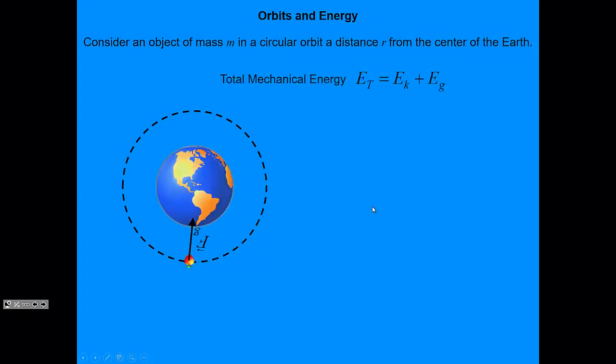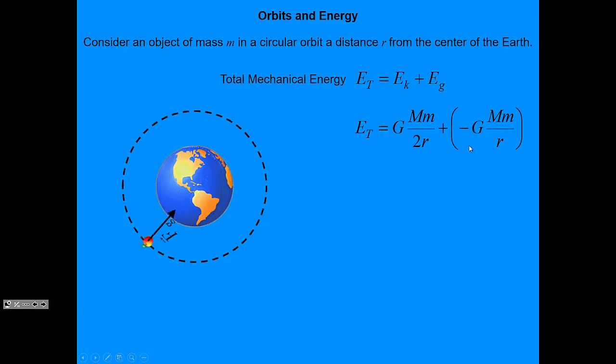Now let's talk about the total mechanical energy. This is going to get a little more important. So of course, total mechanical energy is the sum of the kinetic and the gravitational. So as we just saw, the kinetic energy for a circular orbit is big G M m over 2r. And the gravitational potential energy we derived in a previous video is negative big G M m over r. Remember, the negative comes about because this only shrinks to 0 at infinity, and we are under infinity.